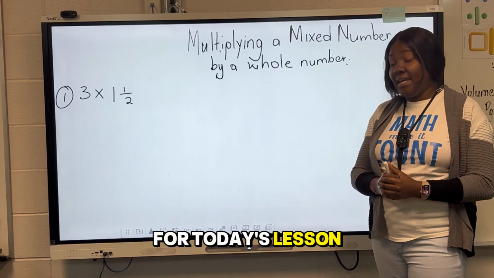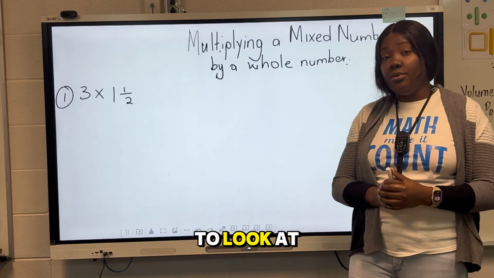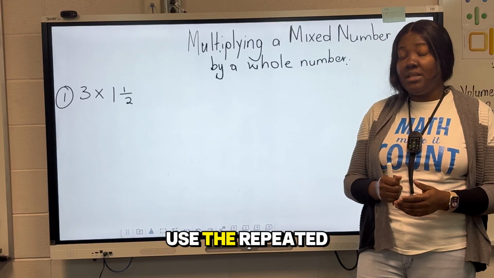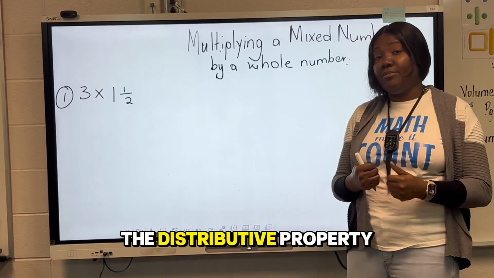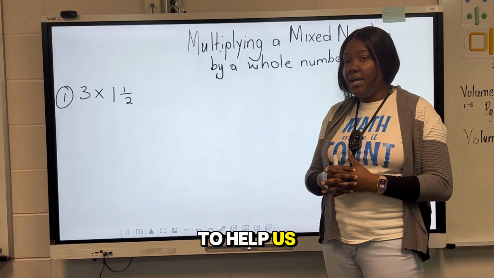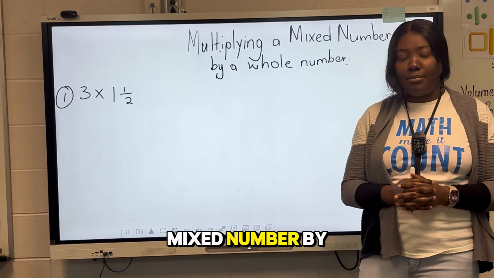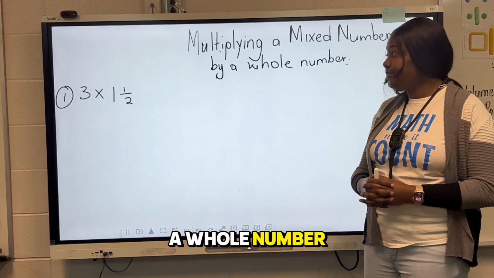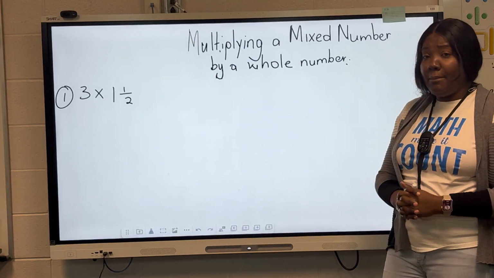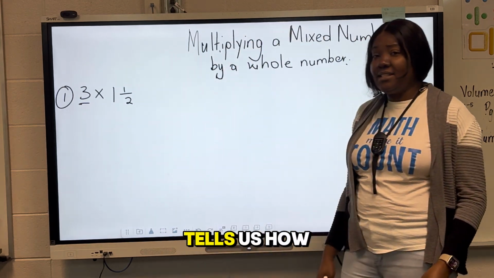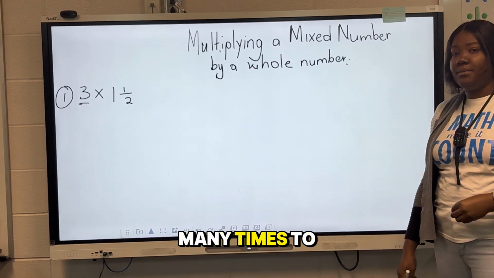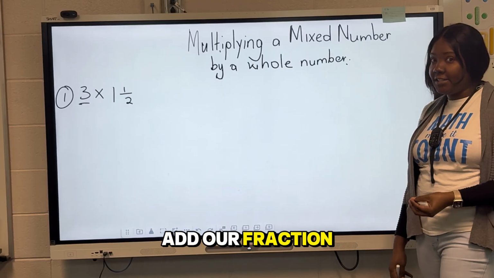For today's lesson, we are going to look at how we can use the repeated addition as well as the distributive property to help us to multiply a mixed number by a whole number. Alright, remember what we had said, boys and girls. The whole number tells us how many times to add our fraction.